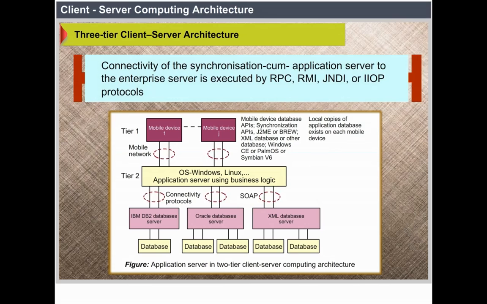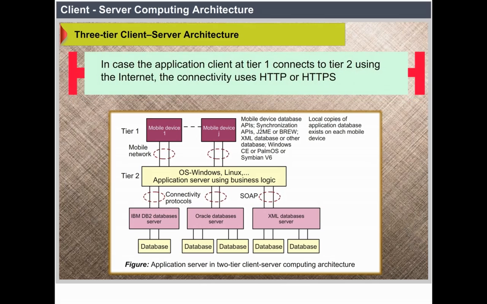Connectivity of the synchronization application server to the enterprise server is by RPC, RMI, JNDI, or IIOP protocols. In case the application client at Tier 1 connects to Tier 2 using the Internet, the connectivity uses HTTP or HTTPS.